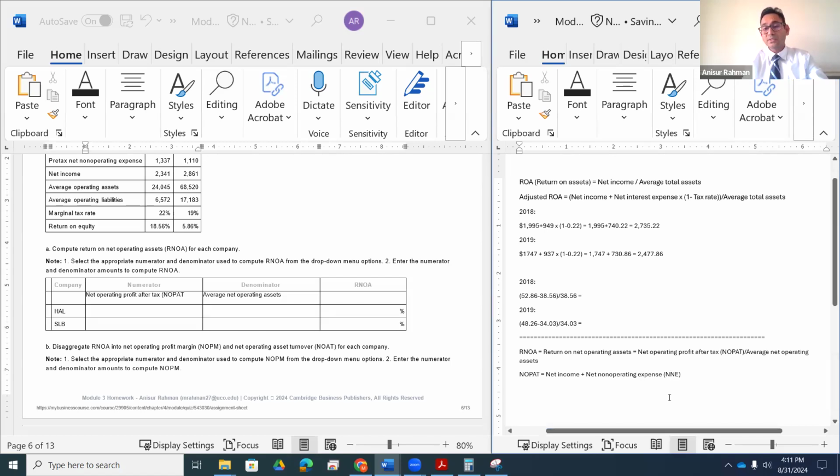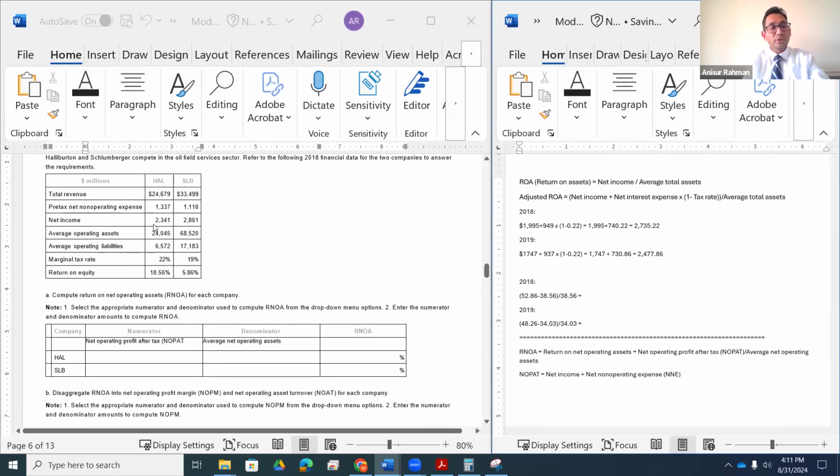So net income plus net non-operating expense. We know net income directly for each company. How do we calculate NNE?